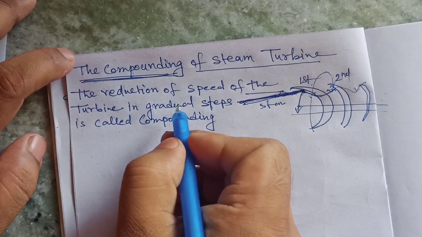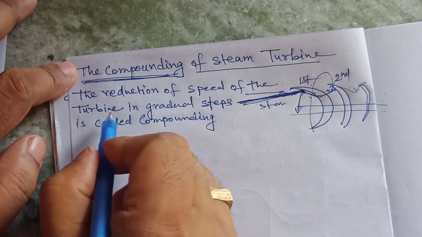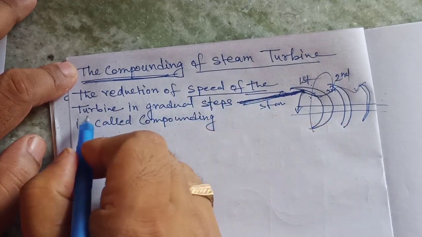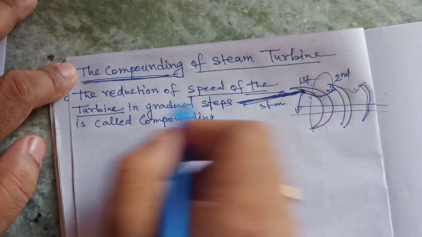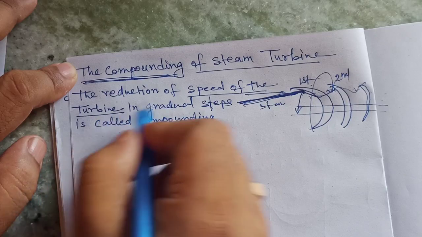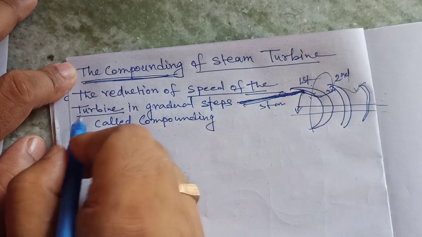You can see that the reduction of speed of the turbine is the reduction of the speed of the steam. This is the reduction of speed of the steam.